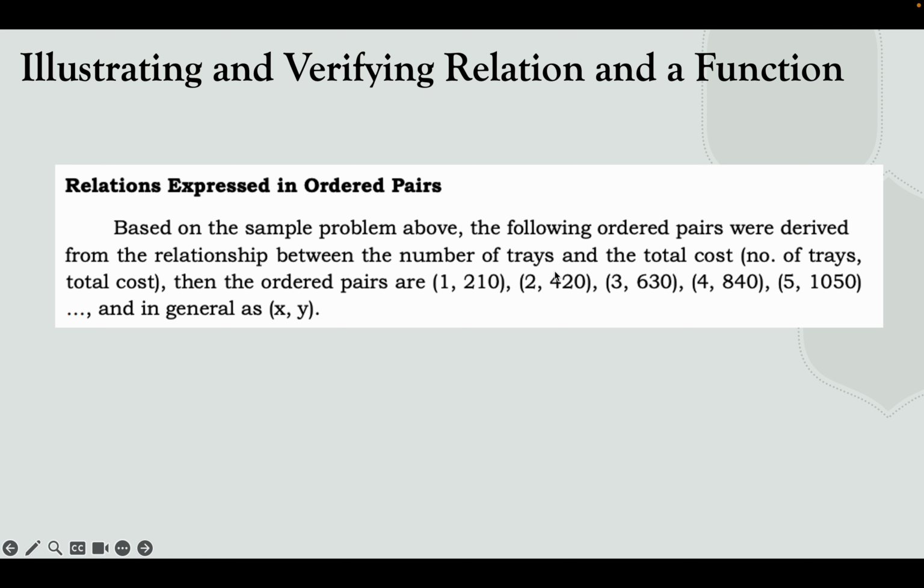If two trays, 420 pesos. If three trays, 630 pesos. If four trays, 840 pesos. If five trays, 1,050 pesos. And in general, as X and Y, ordered pairs.